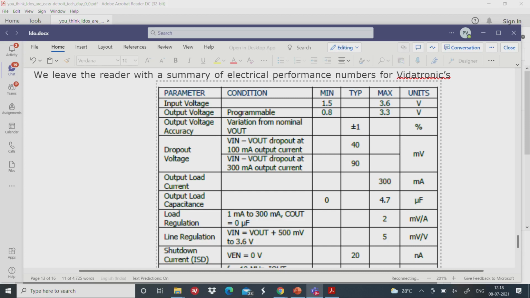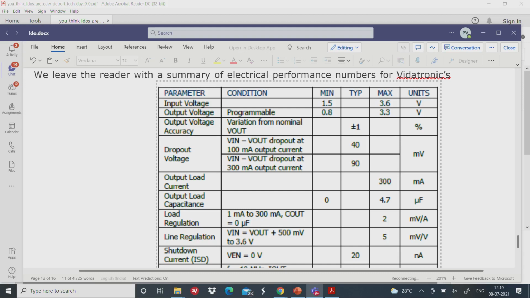Dropout voltage 40 millivolt at 100 milliamperes. If you are drawing a load current of 100 milliamperes, all you need is a minimum drop of 40 millivolts. But if you draw 300 milliamperes, the dropout voltage you have to maintain between the input and the output is 90 millivolts. Okay. This particular LDO which has been shown has an output load current of about 300 milliamps.